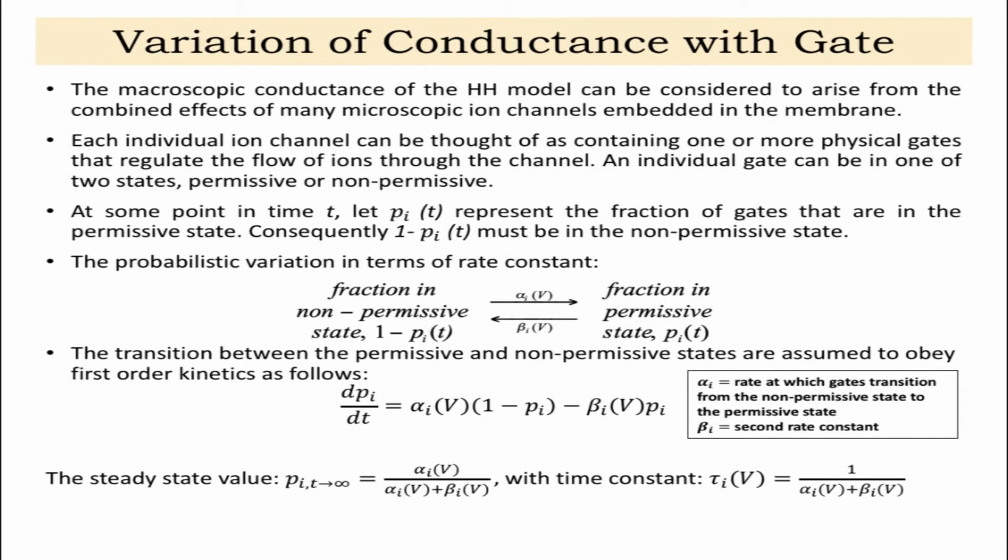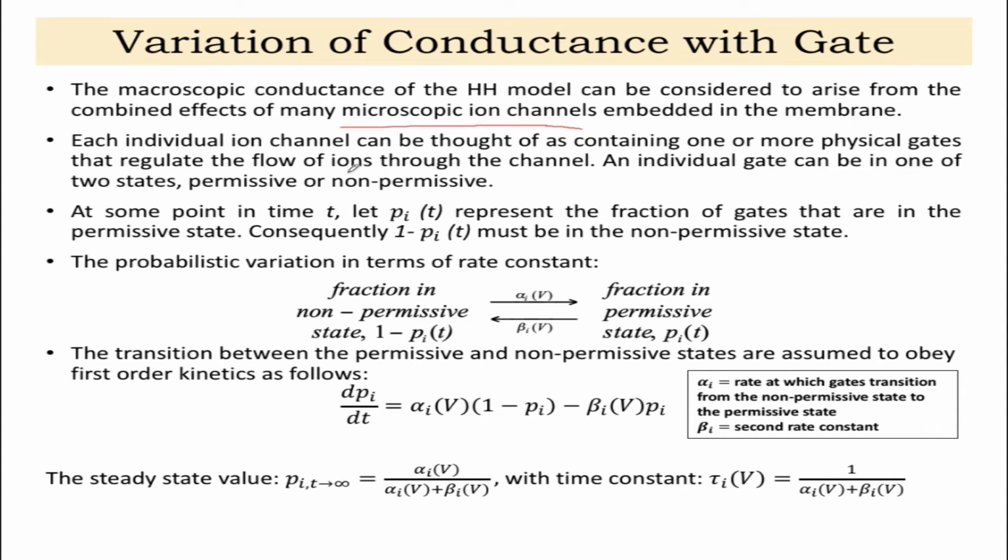Now, the macroscopic conductance of the HH model is actually a combined effect of many microscopic ion channels. So it is not just one single ion channel; there are many ion channels which are coming into it.